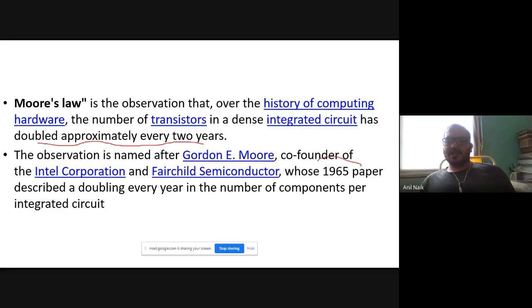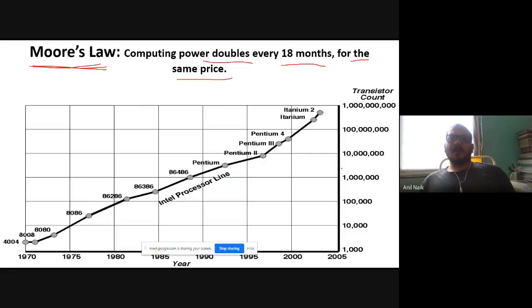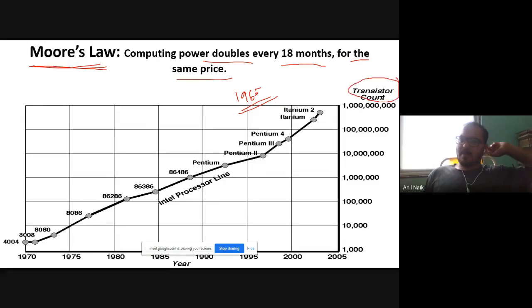In his 1965 research paper he mentioned that after every 2 years, the transistor count will be doubled.